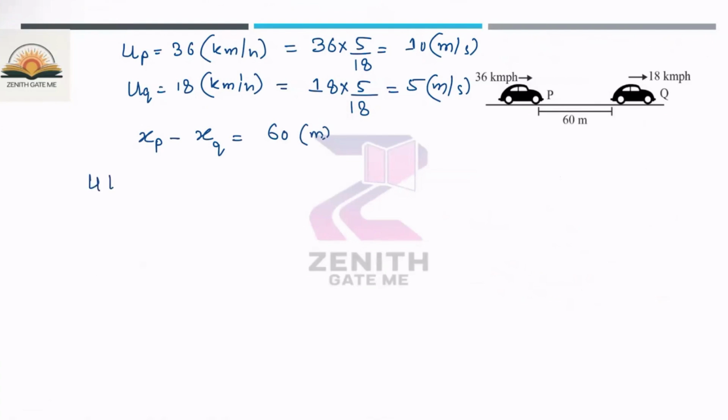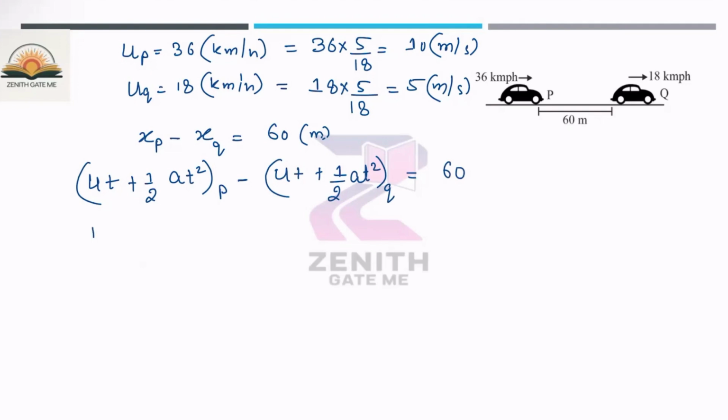It is UT plus half of AT square for P. Similarly, UT plus half of AT square for Q, which is 60. Now, what is the initial velocity? This is 10. So I'm talking about the time t equal to 30 seconds. So t value is 30, plus half of a into 30 square, minus this value is 5 into, what is the value of t? T is 30.